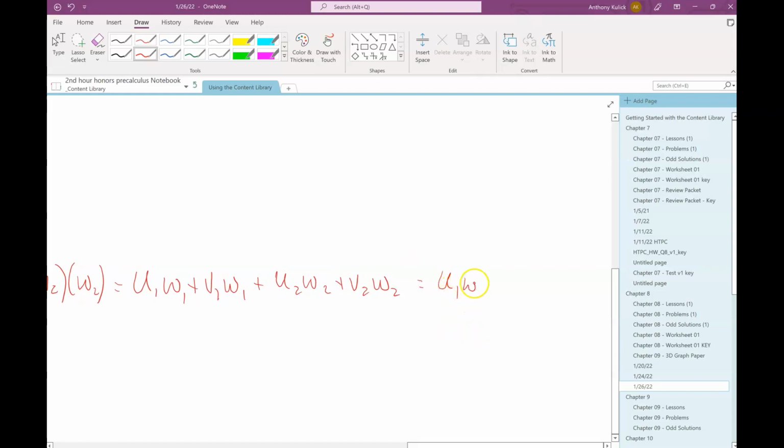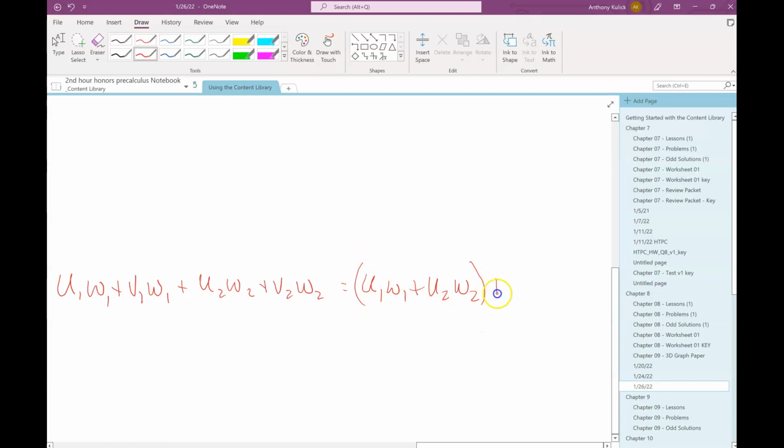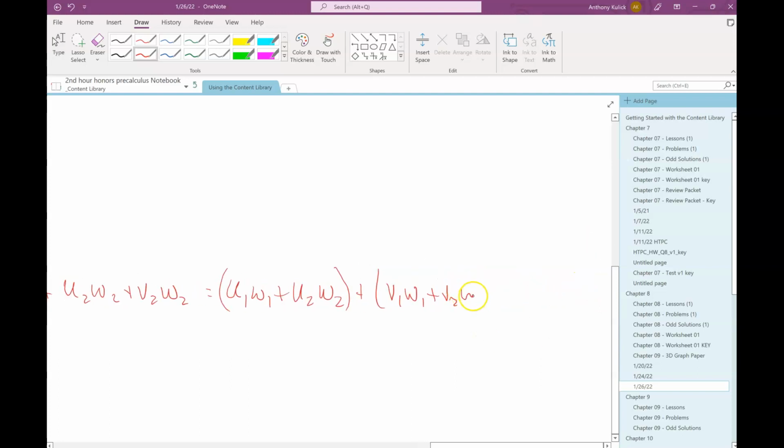So I'm going to put the stuff with the u's together first, and the stuff with the v's together second. And it's okay to do that because these, again, are just real numbers, so I can add them in any order I want and group them together to do the addition in the order I want. If I look at this first quantity, that's the definition of a dot product between vector u and w.